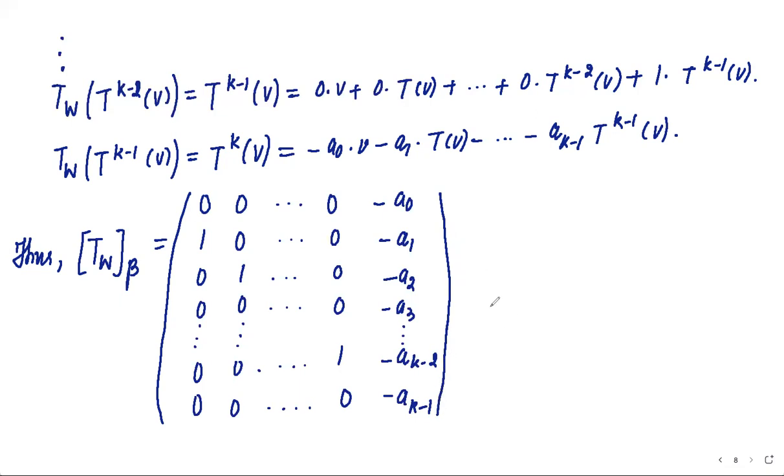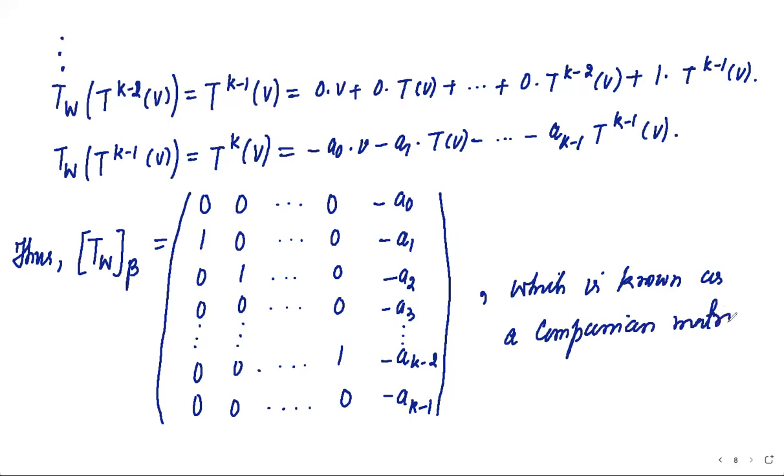So in fact, we can see that this is what is known as a companion matrix.